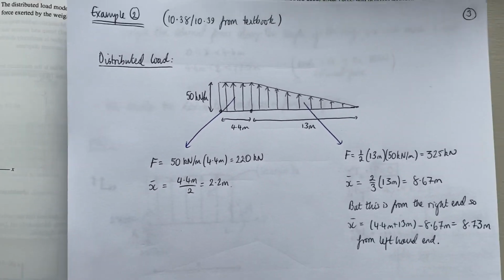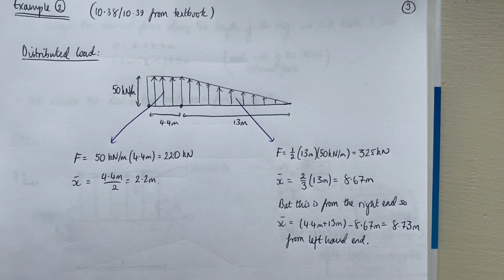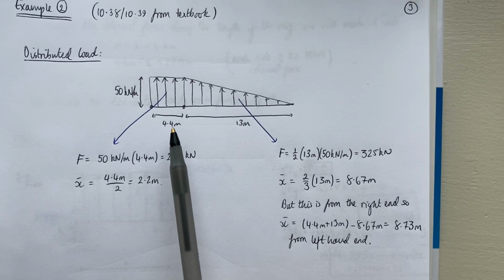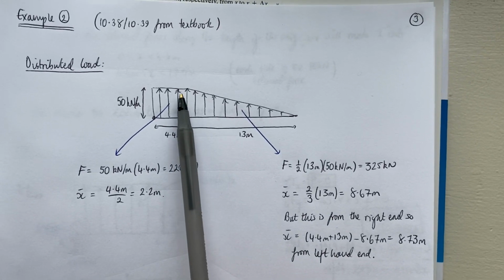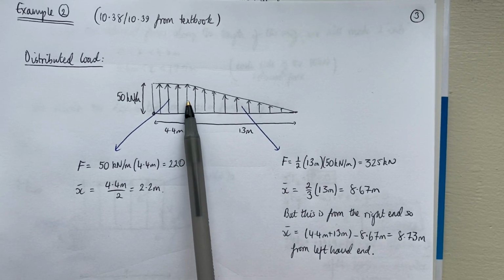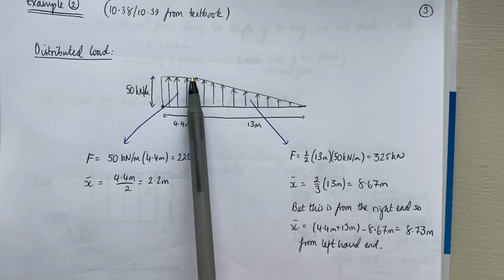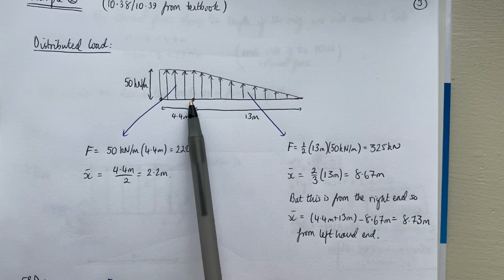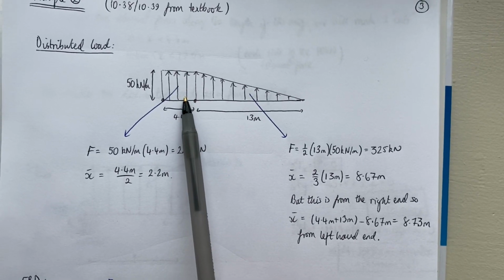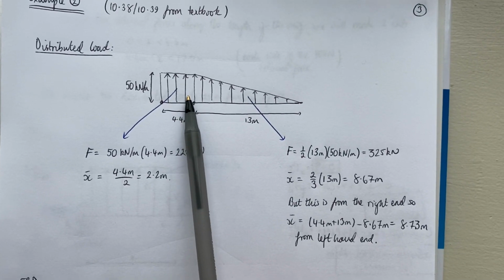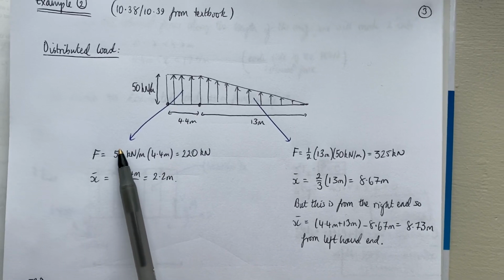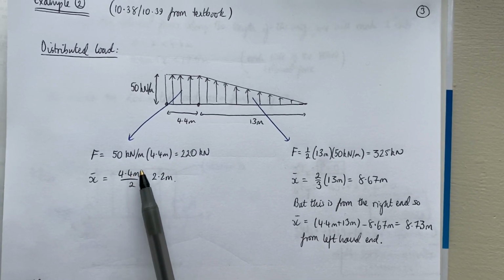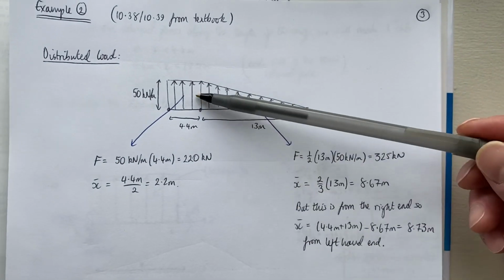So essentially we have this situation here. We can find basically a force vector by finding the area of these pieces of the distributed load, and then we can find a centroid of that area to give us the position where that force vector is acting. So that's what I've done here.